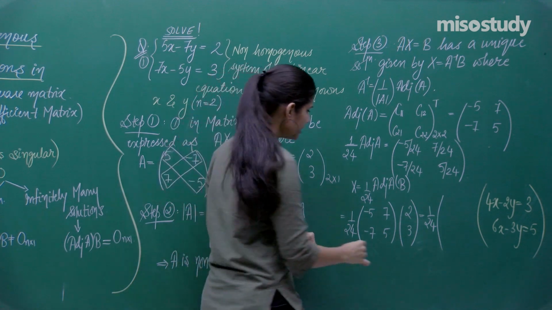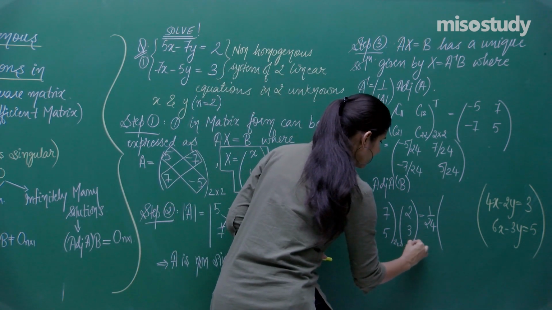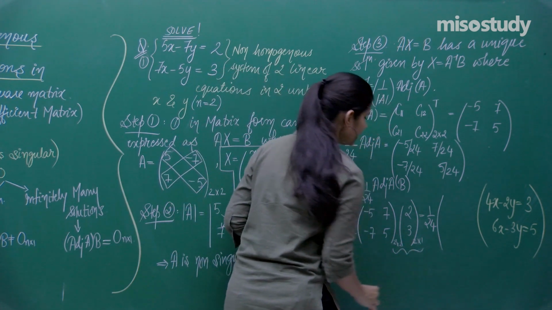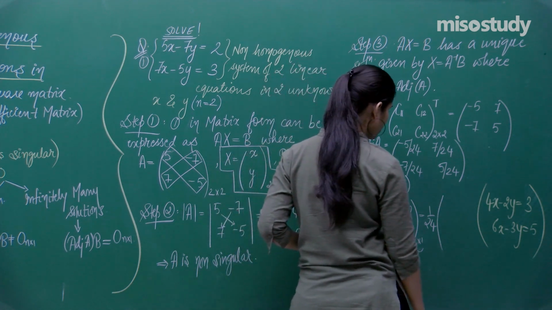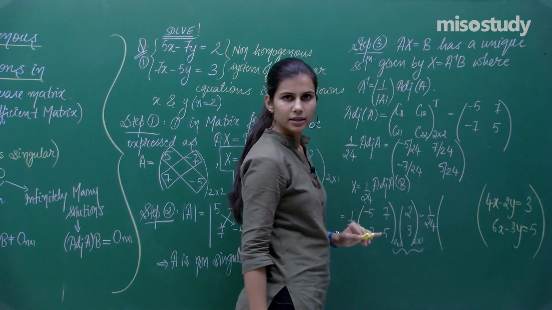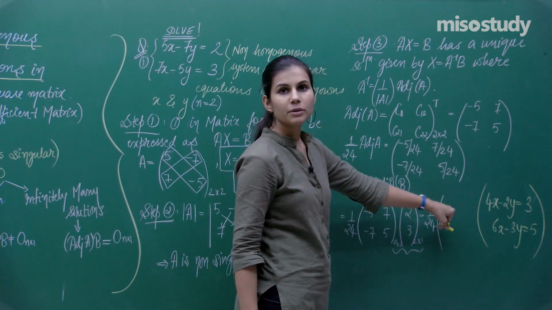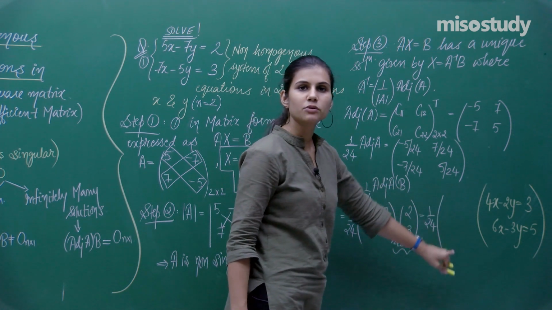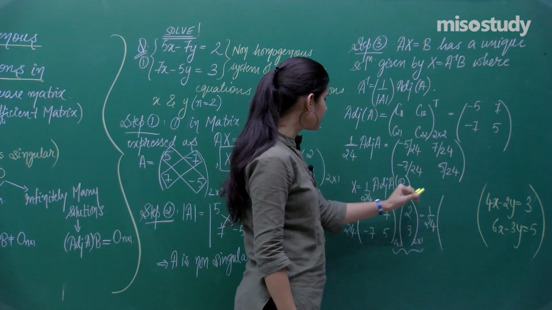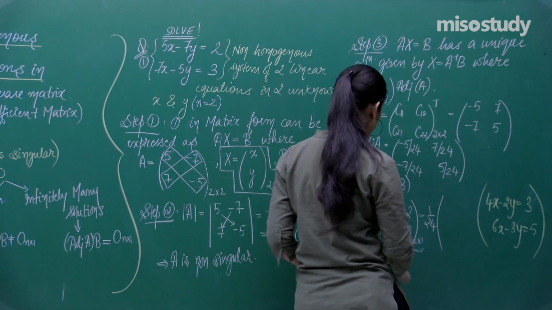Now, you can see this is a 2 cross 2 matrix and this is 2 cross 1. So in the answer of multiplying these two, you are going to get a 2 cross 1 matrix, right? The first entry will be 1 1th and next will be 2 1th. 1 1th will be first row from here, first column from here, both get multiplied.